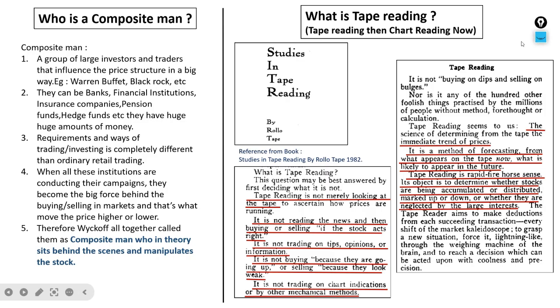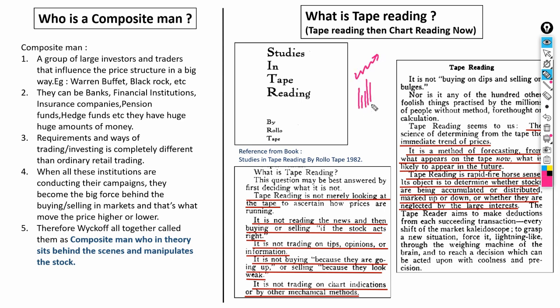Okay, so next is tape reading. So what exactly is meant by tape reading? If you go back and try to understand those times, you will realize that there were no charts like we have now. There was no price action and volume like we have now.